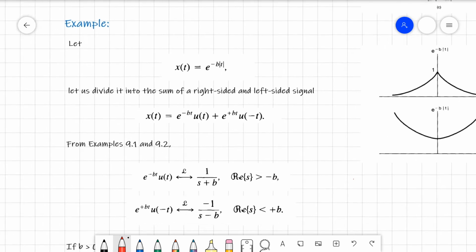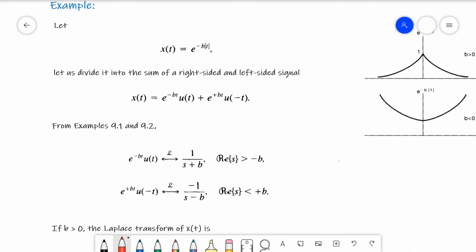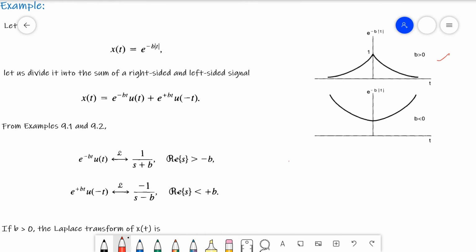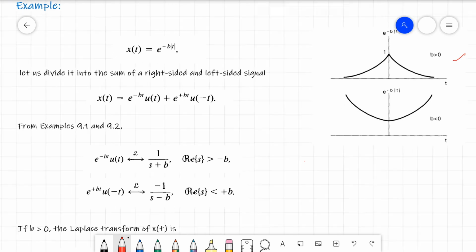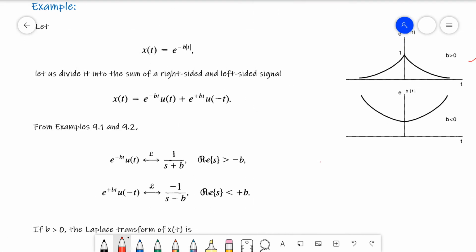Okay. So if we want to find the Laplace transform of this x(t), because this is a two-sided signal, extending on both sides of time, we can divide this signal into the sum of a right-sided and a left-sided signal. The right-sided signal can be represented by this expression, and the left-sided signal by this one.